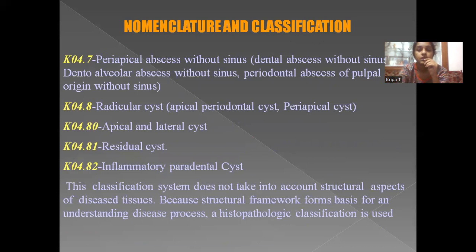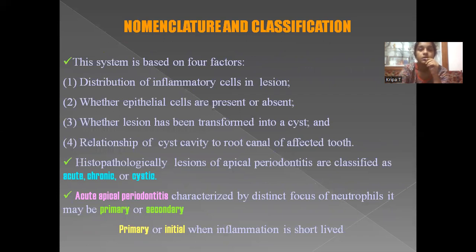But this does not take into account the structural aspect. What they take into account is histopathology. This system is based on four factors: how inflammatory cells are distributed, whether epithelial cells are there or not, whether it is transformed to a cyst, and the relationship of the cyst cavity to the root canal.